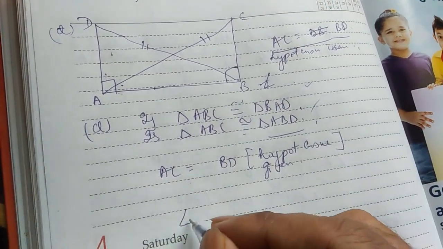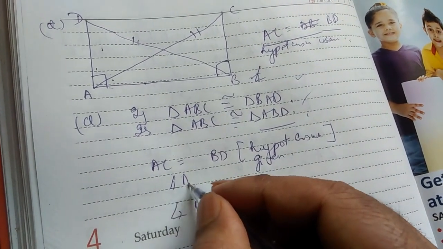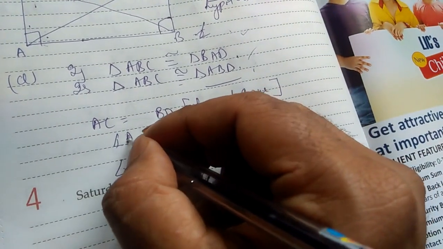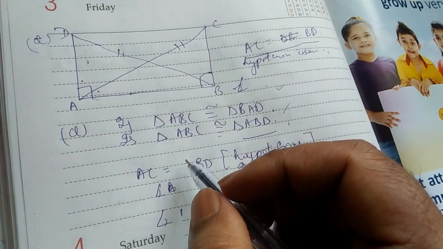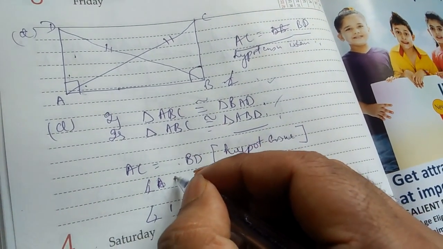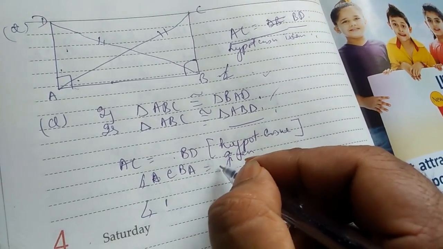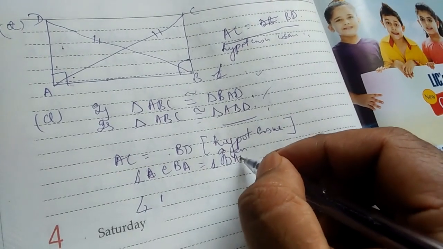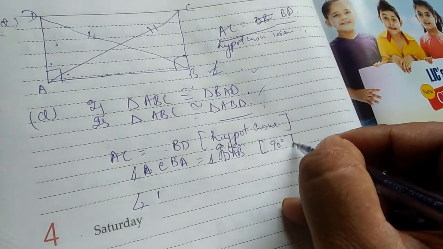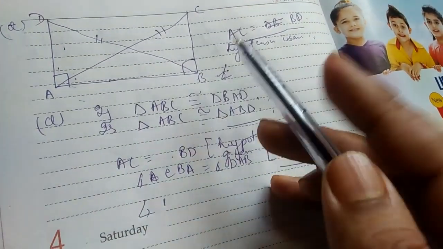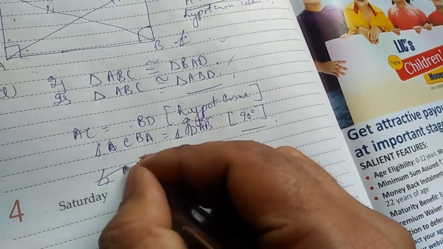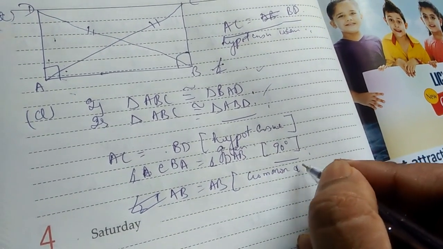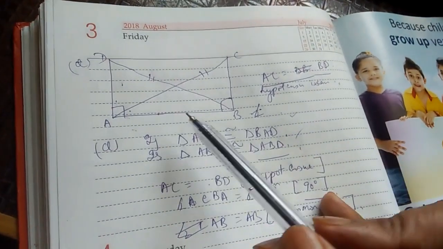Angle CBA is equal to angle DAB, 90 degree. AB is equal to AB, that is the common side.